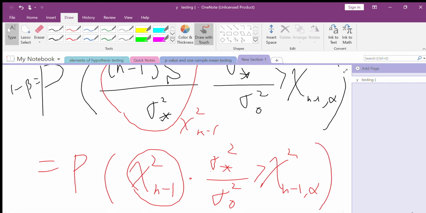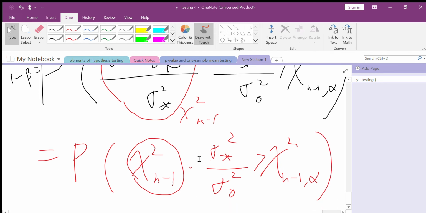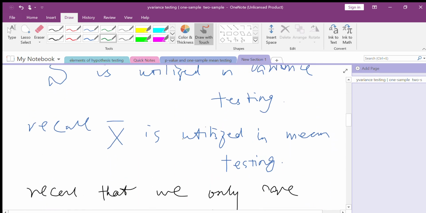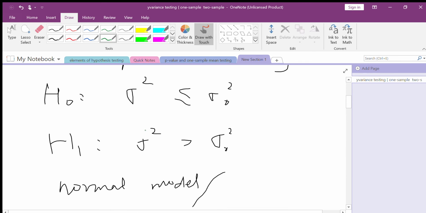So this is the power function, denoted as 1 minus beta. So this is for right-sided one-sample variance testing. For left-sided testing, we just need to do a minor modification.